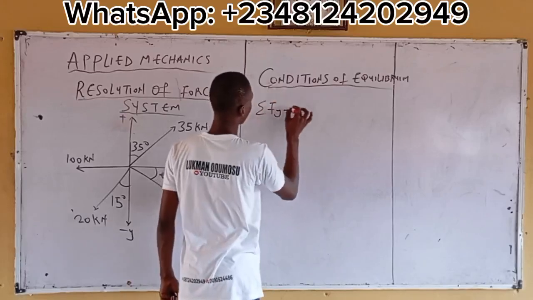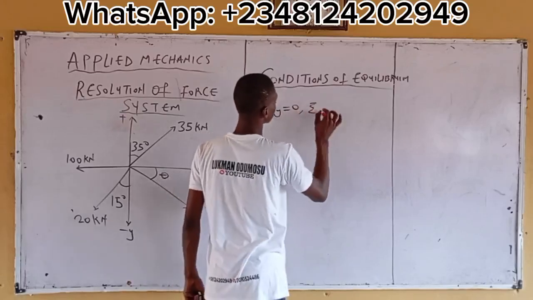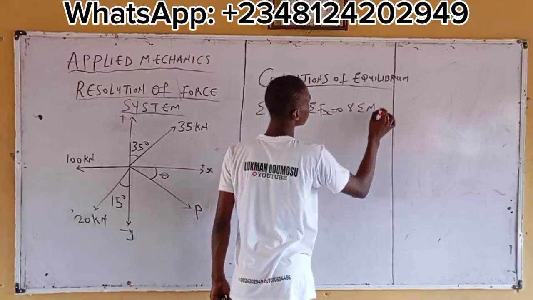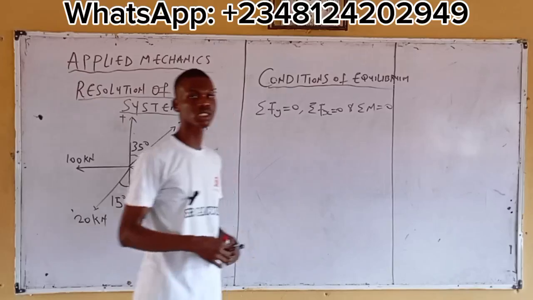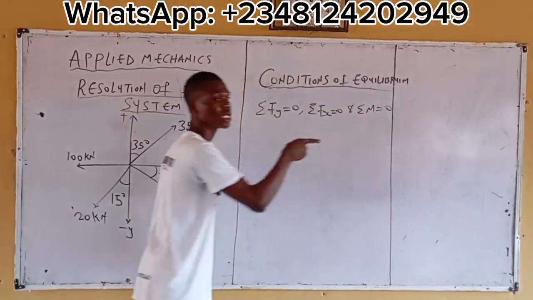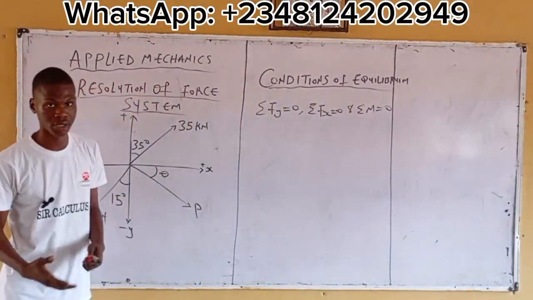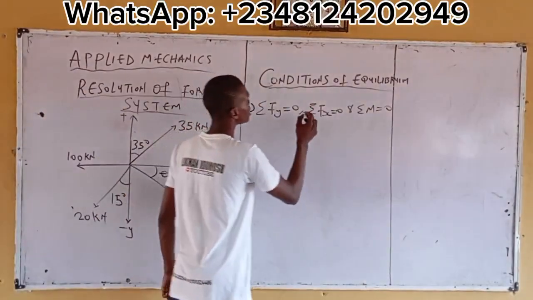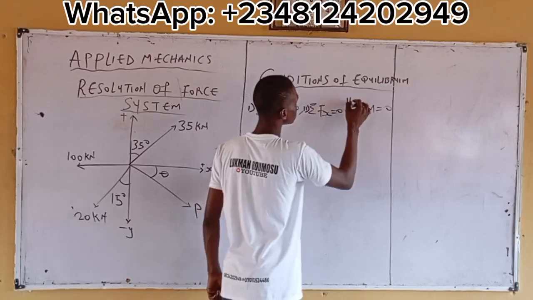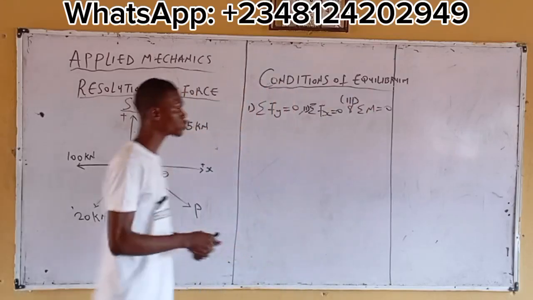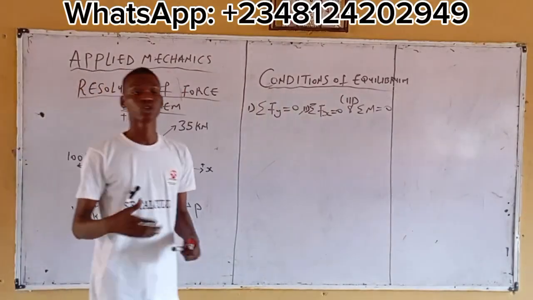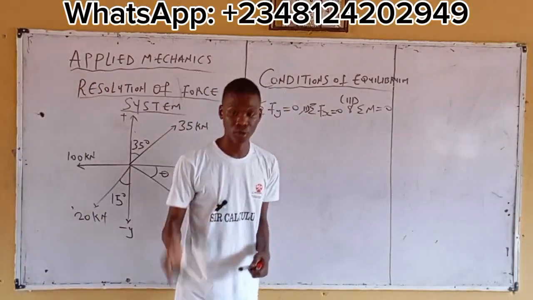Summation of F y equals 0, summation of F x equals 0, and summation of moment about any point equals 0. Let's say this is the first condition, this is the second condition, and this is the third condition. For this question, we'll be applying the first and second conditions.